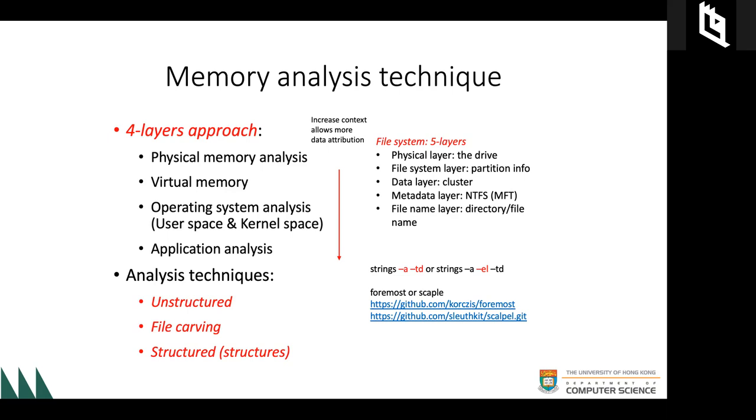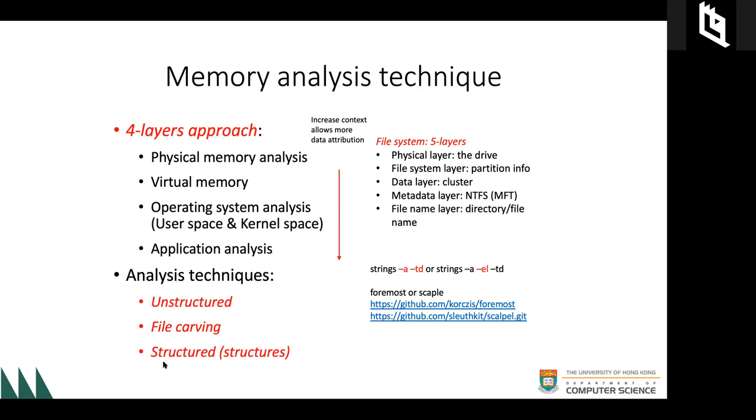What is the meaning of unstructured way? If we can dig out any data, if it is human readable information, then we try to find it out. If we know a special data structure, we may be able to perform file or data structure carving based on the structure.